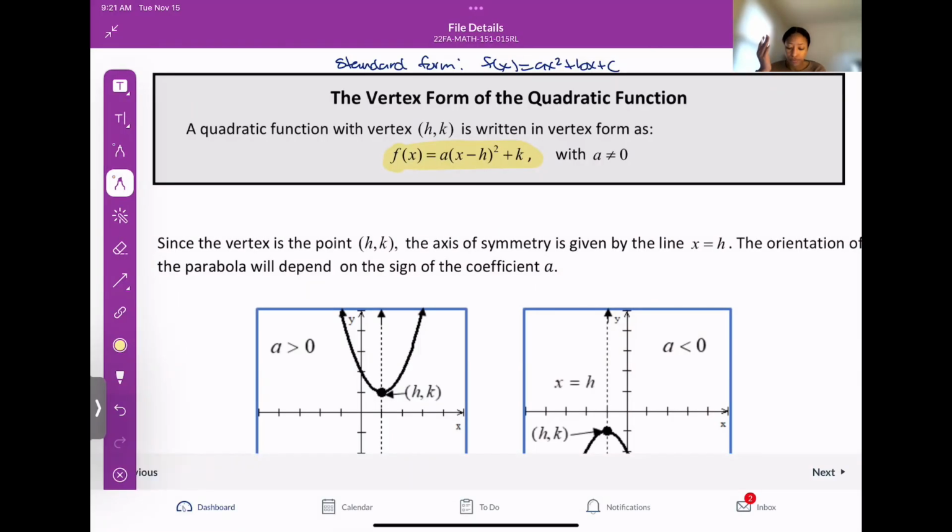So we can find a lot of information. Let's write those things out really quickly. We said our vertex is h comma k. Also, the axis of symmetry would be x equals h in this case. And then, of course, if a is positive, it opens upward. If a is negative, the parabola opens downward.